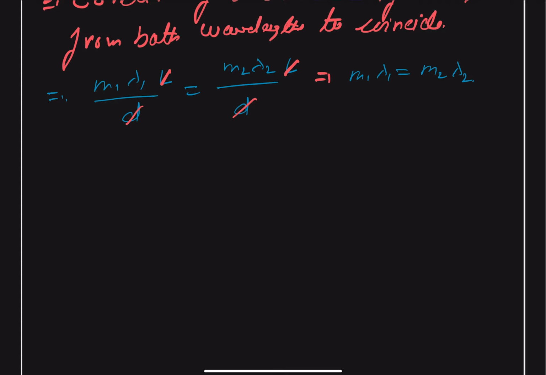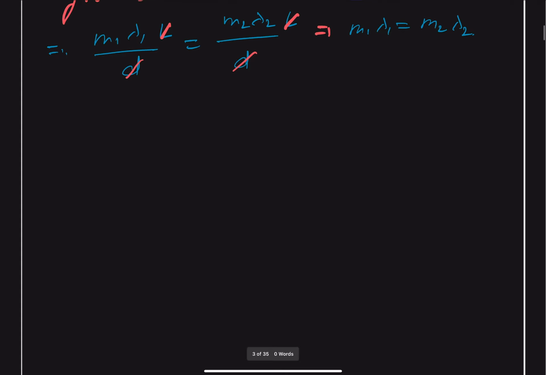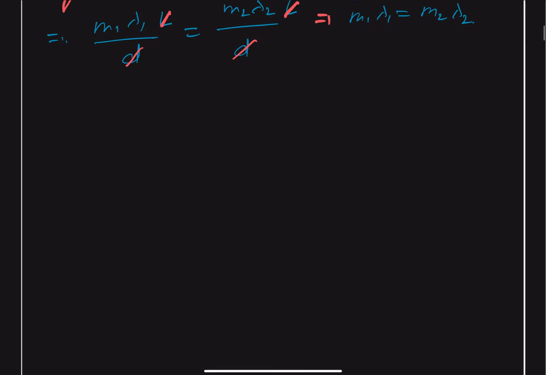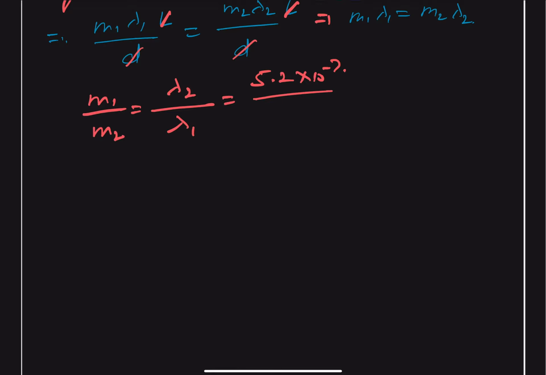And we can simply find the ratio. We get m1 upon m2 equals lambda 2 upon lambda 1. So this gives us 5.2 into 10 to the power minus 7 and 6.5 into 10 to the power minus 7, and this gives us 4 upon 5.